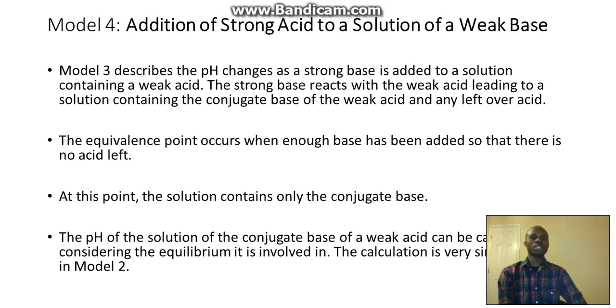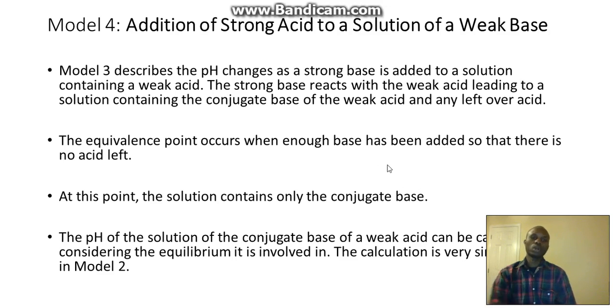Now let's talk about model 4: addition of strong acid to a solution of a weak base. So we have a weak base and you want to add an acid to it. As with the acid, if you add a strong acid to a weak base, the strong acid will react with the weak base, and the solution that you have will contain the conjugate acid of that weak base.